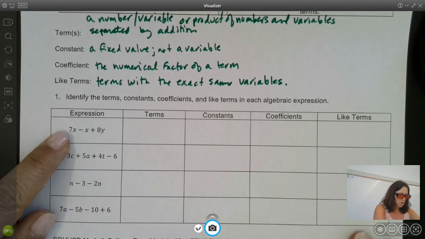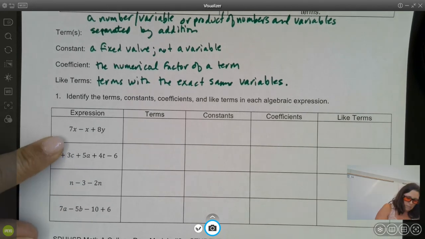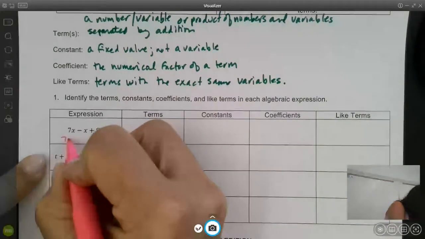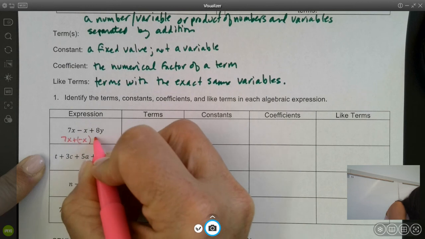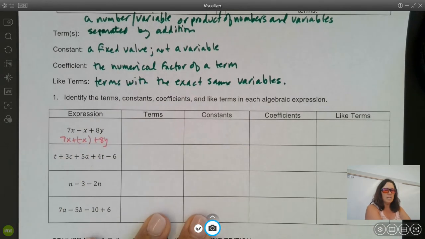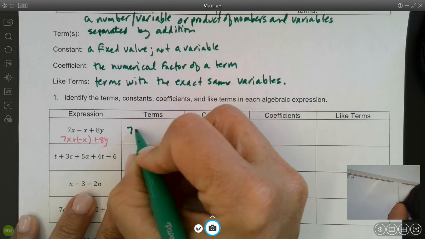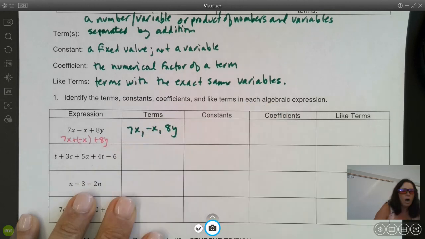All right, so terms in this problem right here. First of all, I would recommend that you change everything to plus signs. If you change it to a plus sign, you'd have a plus and negative on that x, okay? All right, so your terms, 7x, negative x, and 8y.